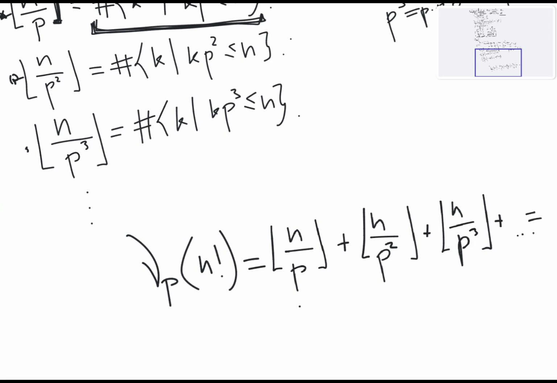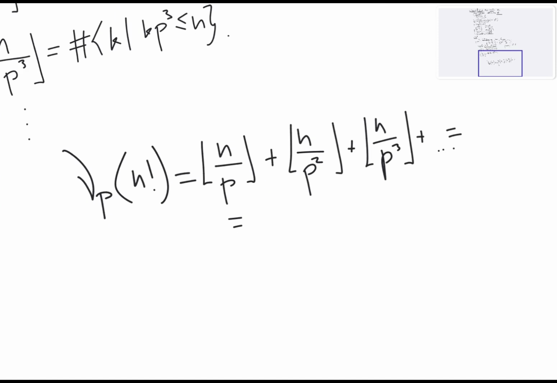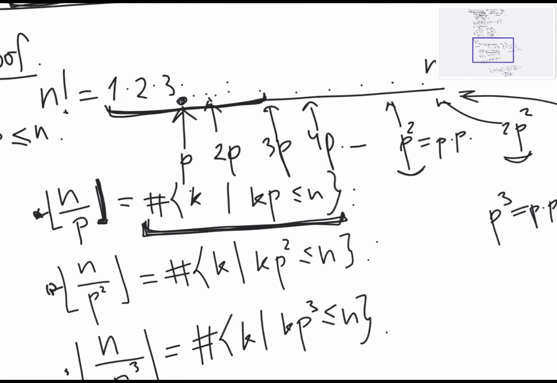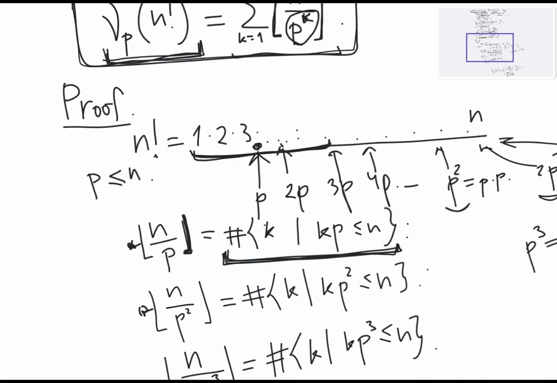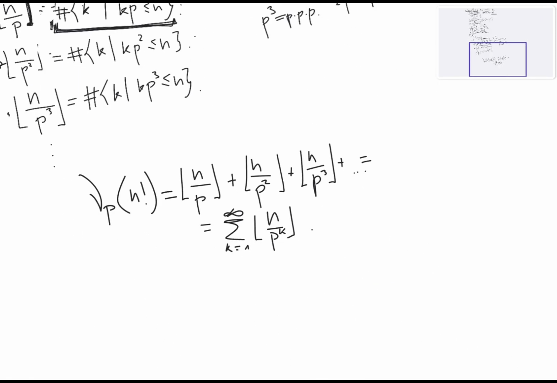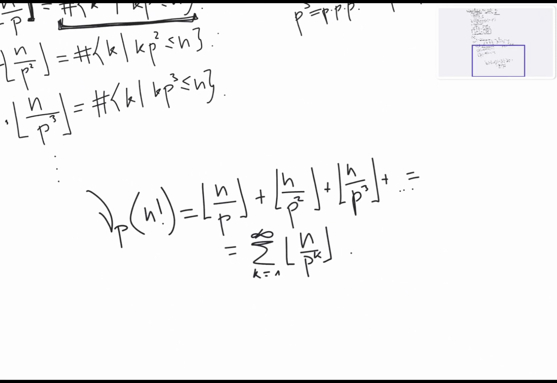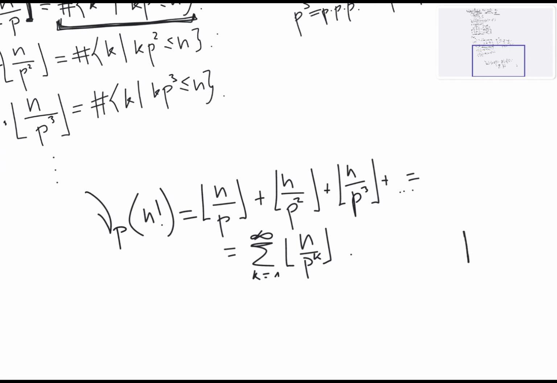Another way to write this is exactly the sum of the floor of n over p to the power k, k from 1 to infinity. This is exactly the formula that we need to prove. This is Legendre's formula. Yeah, so this concludes the proof.